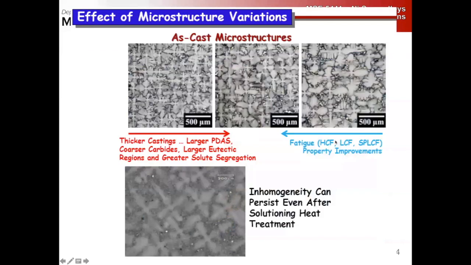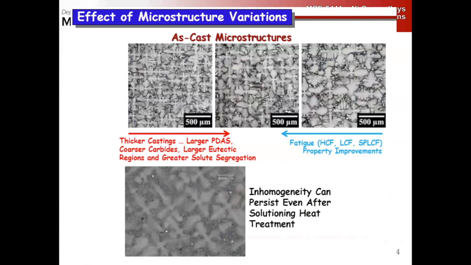So as cast, these are highly dendritic microstructures, right? We haven't talked about dendrites really in this class, right? Because normally we're not considering things in the purely solidified state. Usually we're doing a whole bunch of extra stuff to it to put metal in service, right?